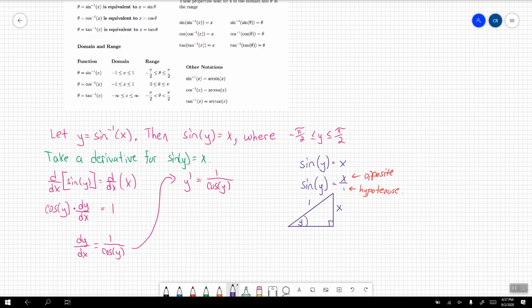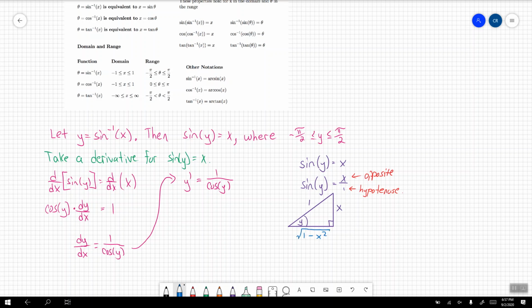There we are. Which means we have to solve for this missing side, because that missing side will then get us cosine of y. So in order to do this, we can go through the whole process of figuring out what that value is going to be. You can use the Pythagorean theorem, and you will find that cosine of y in this particular case is the square root of 1 minus x squared.